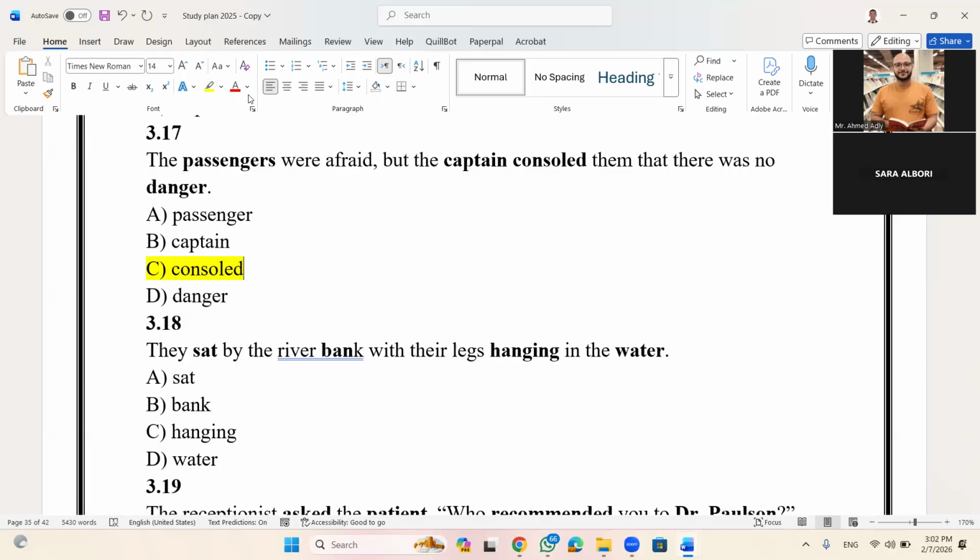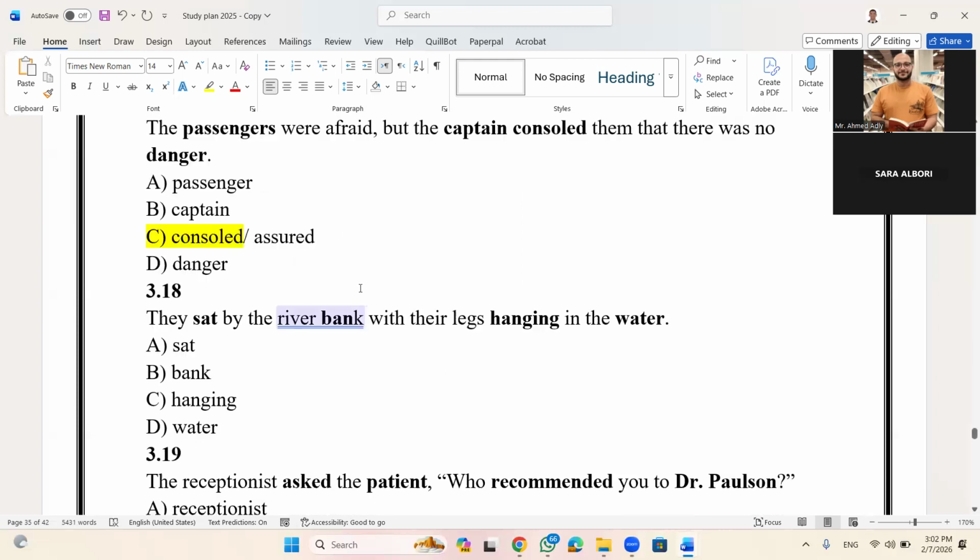But when I tell you, for example, don't worry, the GAT examination will be good, I am sure that you will make it, you will hit it, I'm not consoling you. What I'm doing is reassuring you. All right, so it should be replaced by assured. When you assure somebody, you make them sure.